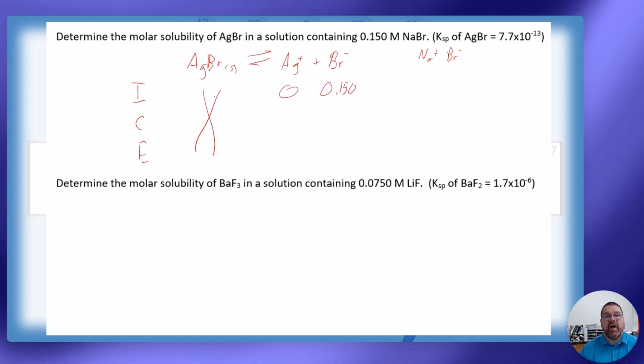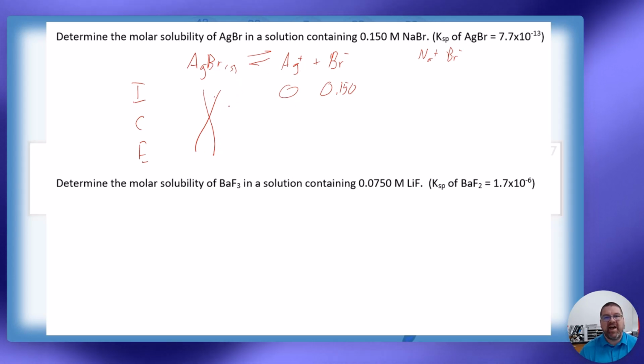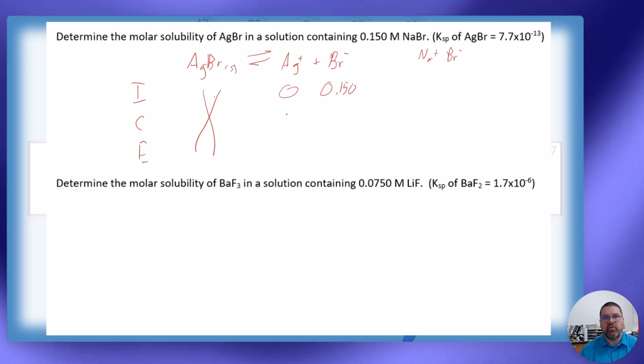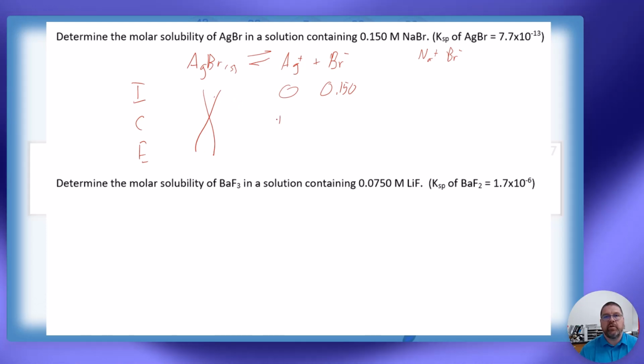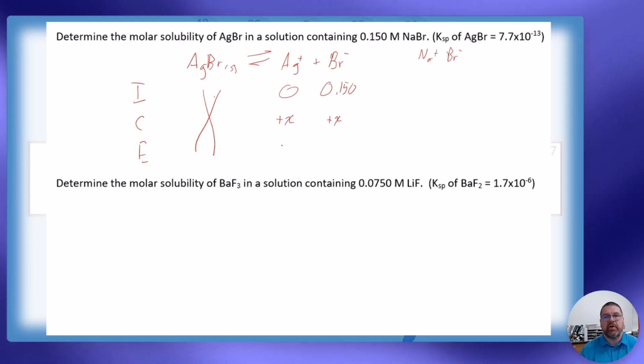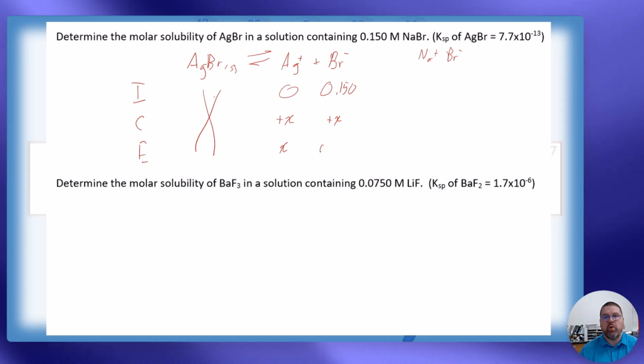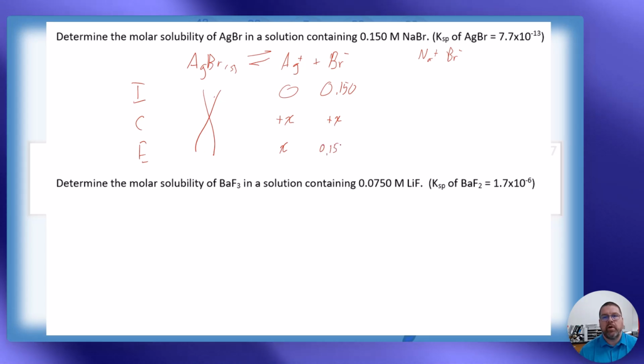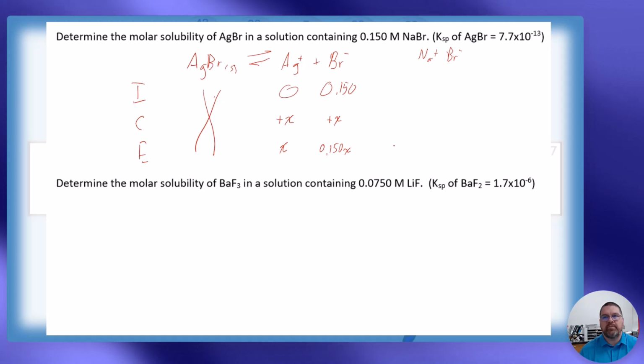Okay, so now the silver bromide, as it's added, whatever amount does dissolve, we're going to represent that with X. So this is going to be plus X, and bromide would also be plus X because they're both in a 1-to-1 ratio. So our equilibrium concentrations are X for silver ion and 0.150 plus X for bromide. All right.